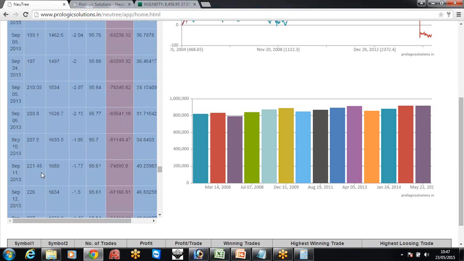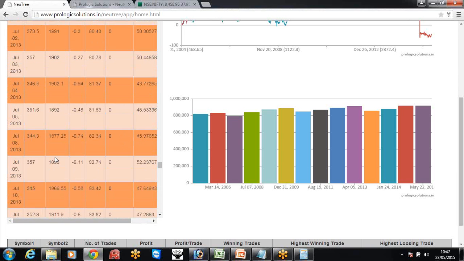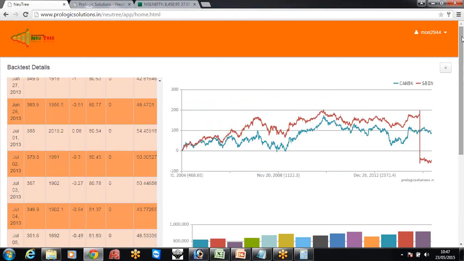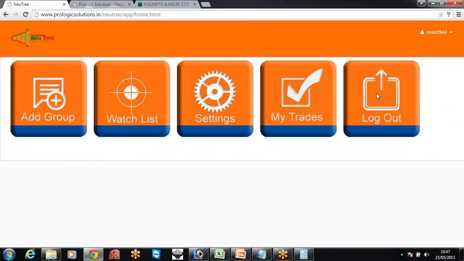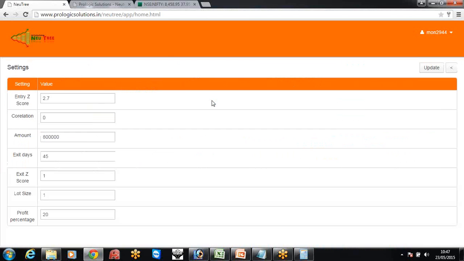So for this particular trade, we have something called the settings. I will have to show you that. We have the settings where we enter the prices and the z-score value you can give it here, the correlation and your amount. And the exit days, here I have placed it as 45 days.